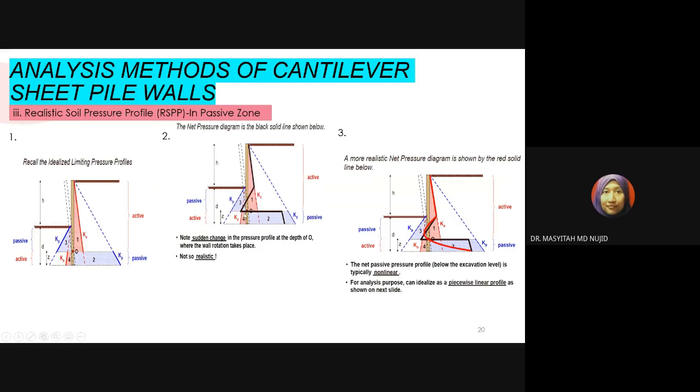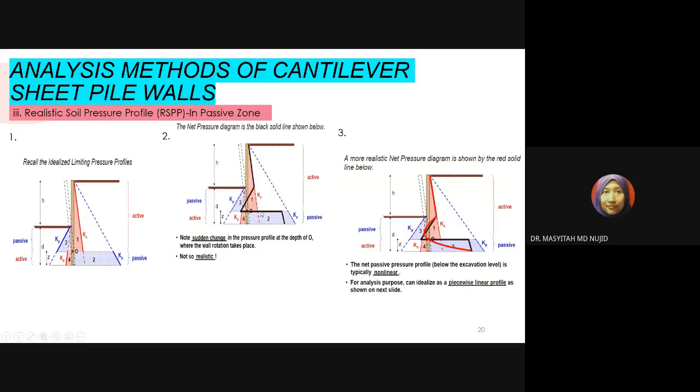You can see here the full solid black line. For idealized, there is no black line. But in the realistic soil pressure, we have to take it, but that is not so realistic. Why? Because you might see that actually the pressure just stops at O. But in order to analyze it, we take the full black line here from the top of the retaining wall in the active zone behind the wall, and then from this one we meet the next active pressure in front of the wall.